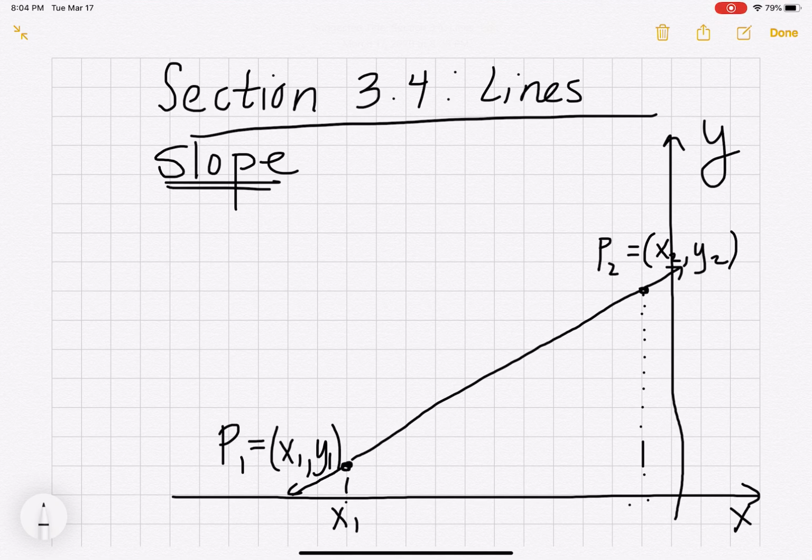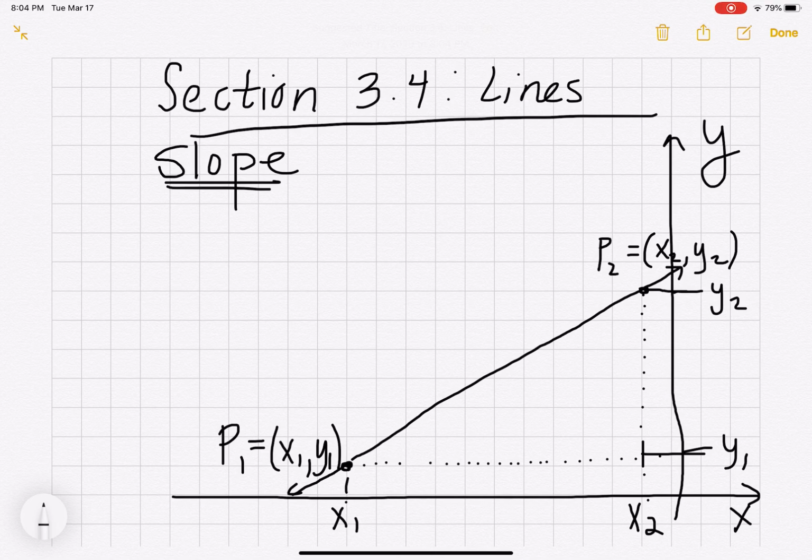And the second one here is x2. That is the x-coordinate of P2. And if I trace P1 to the y-axis, I'm going to get a y value of y1, because y1 is the y-coordinate of P1. If I trace P2 to the y-axis, I'm going to have a y value here of y2, because y2 is the y-coordinate of P2.